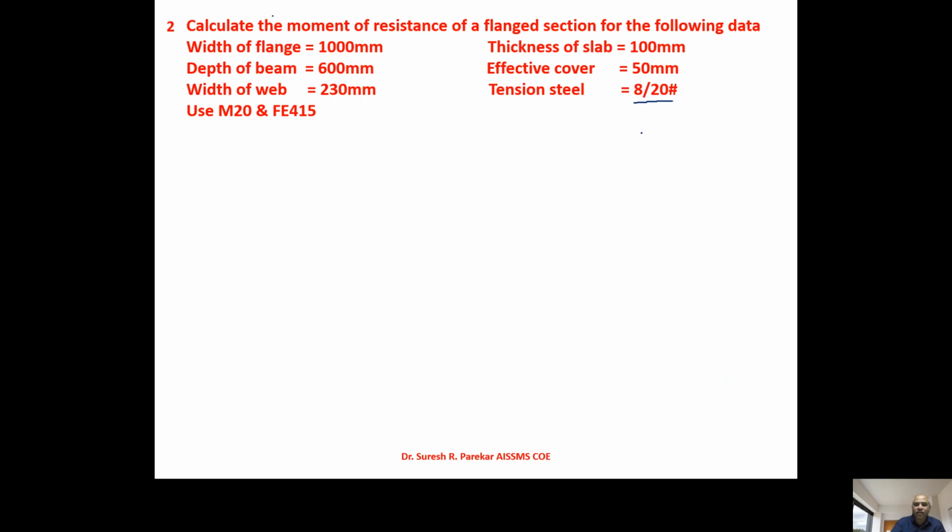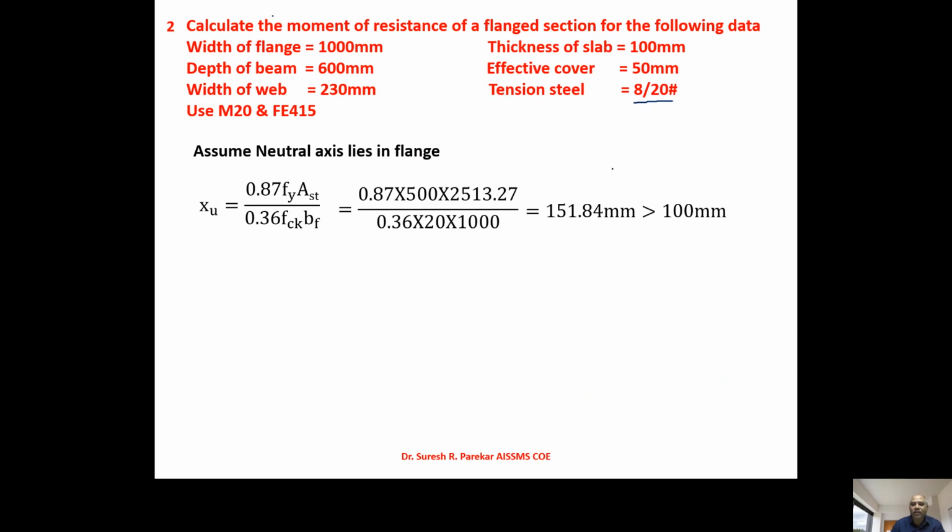Now we will go with the formula first, neutral axis in flange. From this I will calculate the value of XU, which will be 151.84, which is greater than 100 mm. So our assumption is wrong and neutral axis lies in web. So this is most important, that neutral axis lies in web.